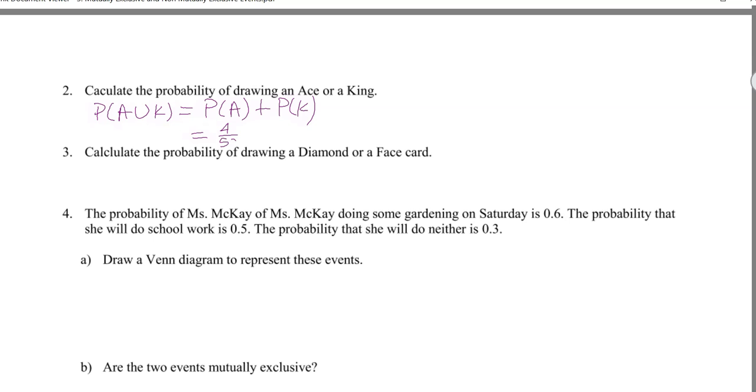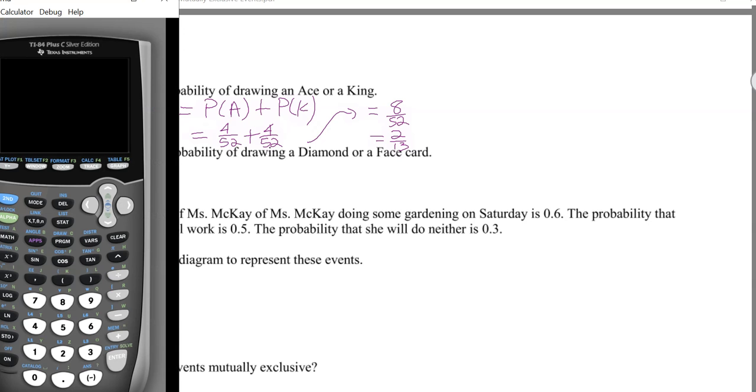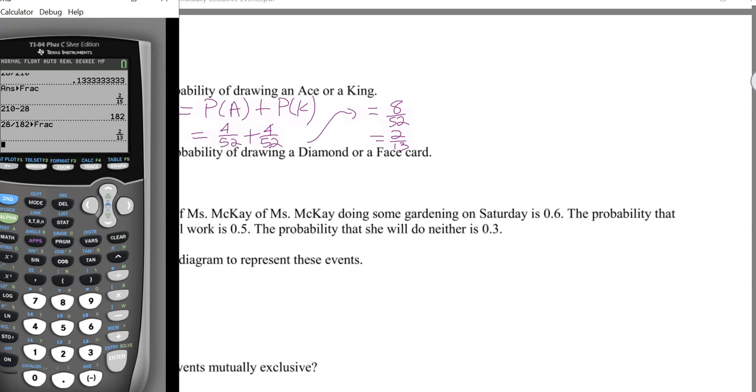So 4 of the 52 cards are aces, 4 of the 52 cards are kings. There is no overlap, so we don't need to subtract anything, which will be 8 out of 52, which is 2 out of 13, right? And if you're having any problems reducing, just go 8 divided by 52, math, enter, convert to a fraction, enter: 2 out of 13.